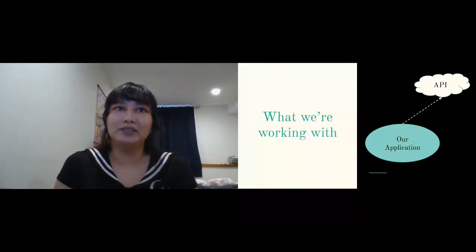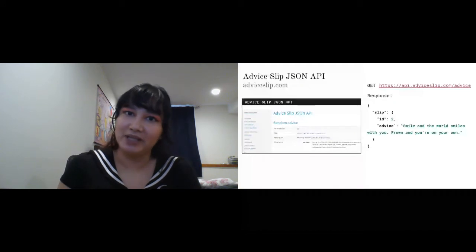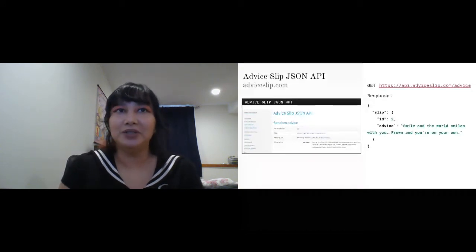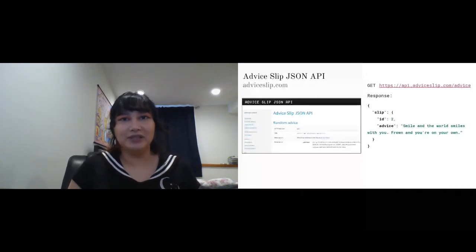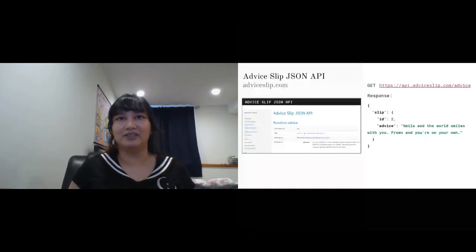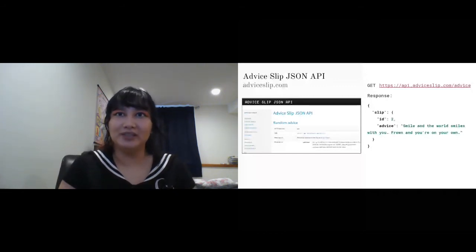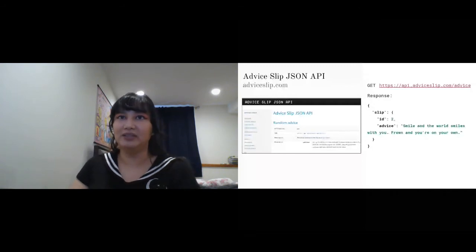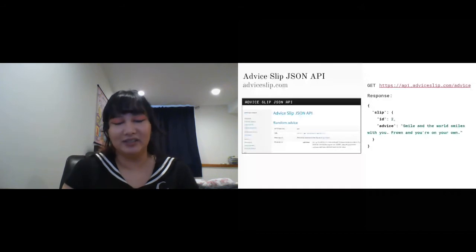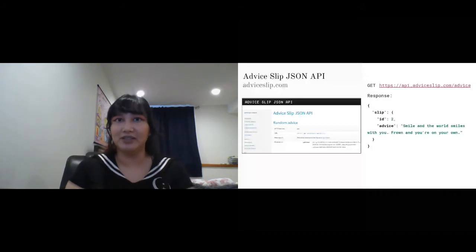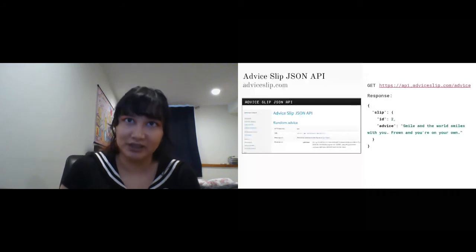So we'll be, in particular, using the Advice Slip JSON API. If you go to adviceslip.com, whether or not you do it right now, all that website does is give you a particular advice slip, almost like a fortune cookie machine, if you will. So when you make this GET request to api.adviceslip.com/advice, and you could also just go to your browser and type in that URL, it will give you this particular JSON response.